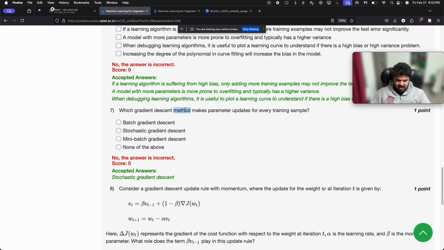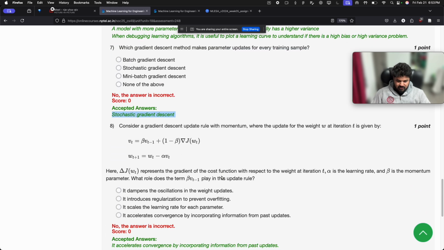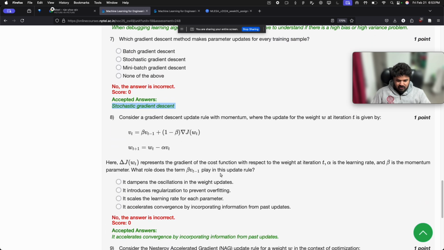This question is from last year only. It should be stochastic gradient descent, which we have discussed. This is optimization with momentum, where the weight update rule is given by this. So basically, weight.